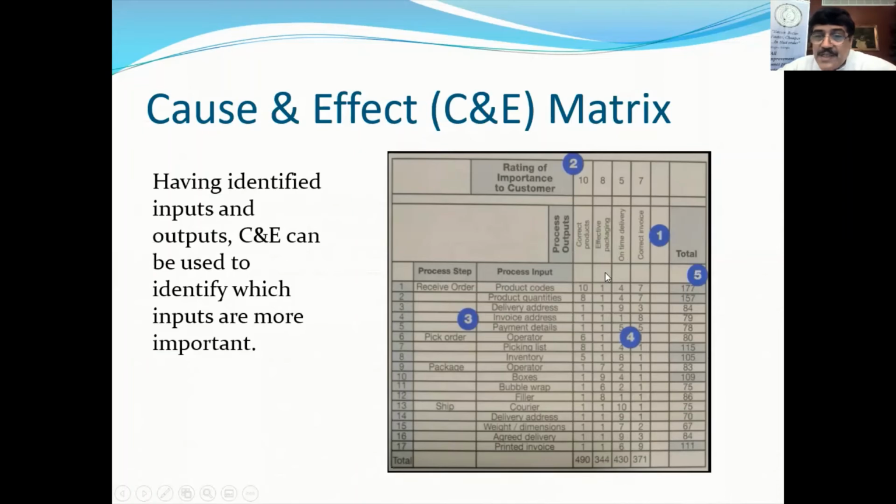You say, if I just focus on getting a good product code, no mistakes, I'm going to write a procedure, I'm going to put a good standard, and then we'll look at the improvement later, okay? If I improve on these, then I'm going to improve my process a big time. And that's the power of a cause and effect matrix.